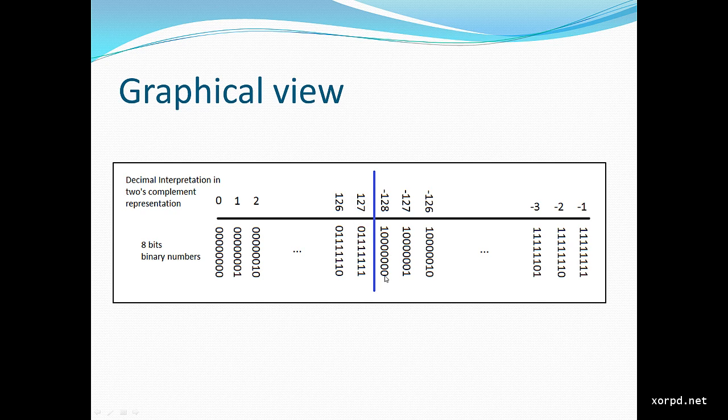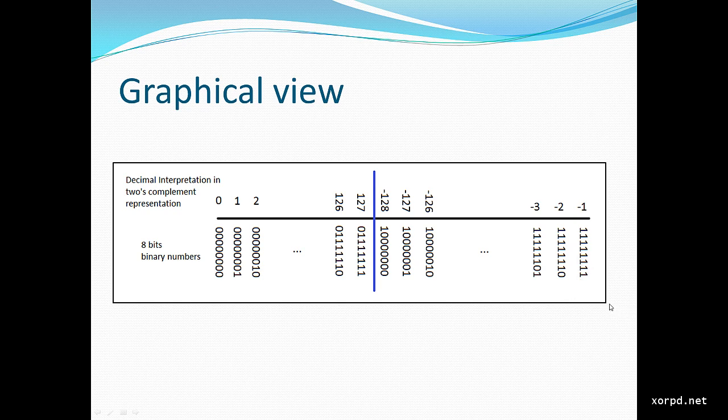The next number right after it is the most negative number, minus 128. We have seen this number before in the previous slide. And then, in an interesting way, the numbers become less negative as we move on, until we get to the last number, which consists of only bits of 1, which is minus 1.